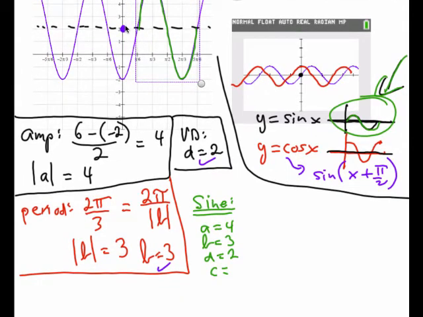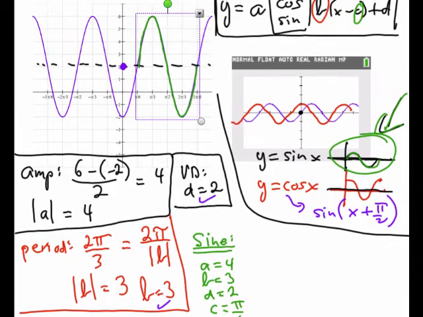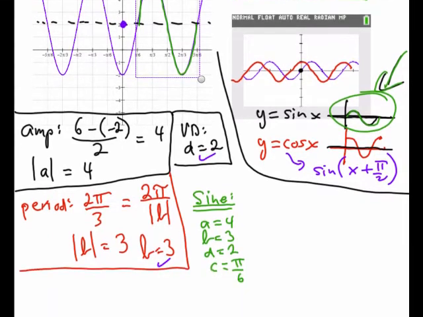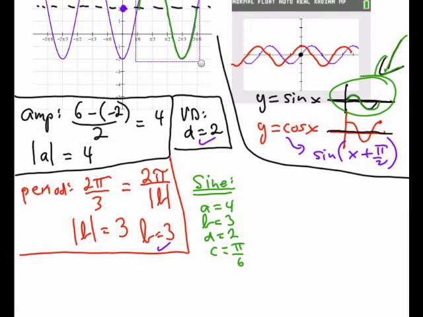So that's making my value of C pi over 6. And so I'm now ready to substitute into my standard form as y equals a sine b x minus c plus d.